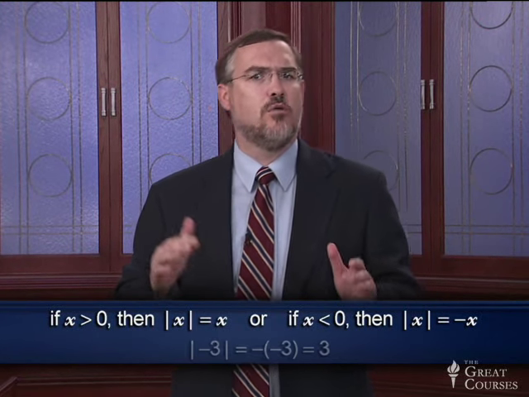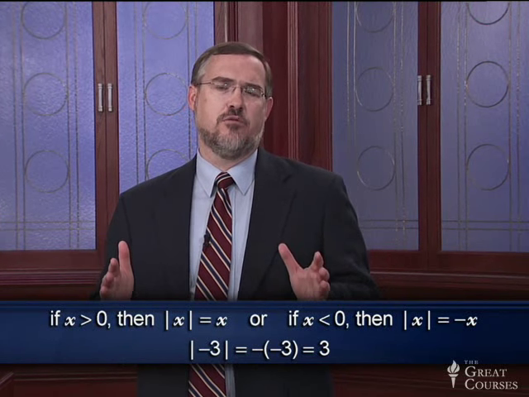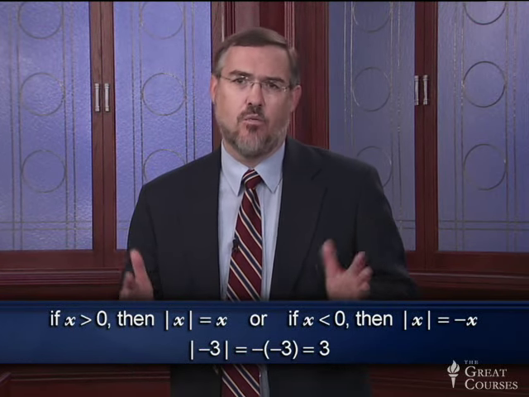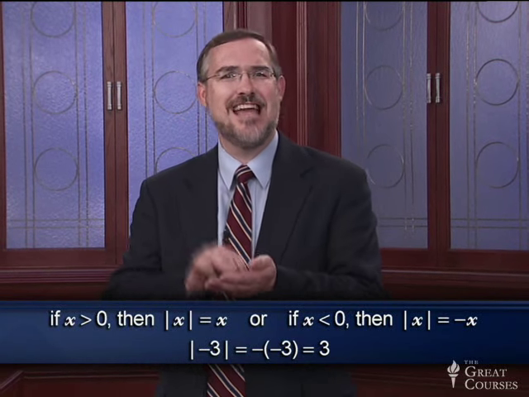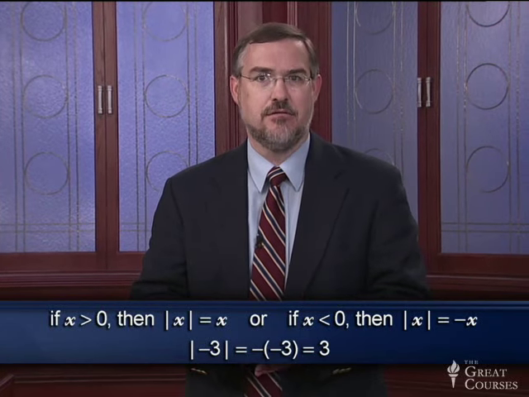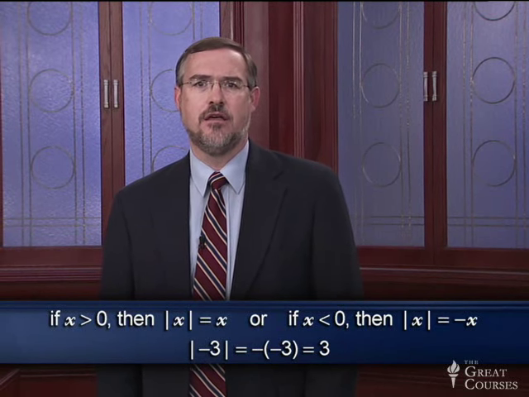So, for example, when we did absolute value of -3 before, we saw that it was equal to 3. Well, another way to get that 3 would have been to take the negative of -3. And the negative of -3 is exactly equal to 3. So I can actually write absolute values without those lines if I really want, keeping these algebra rules in mind.